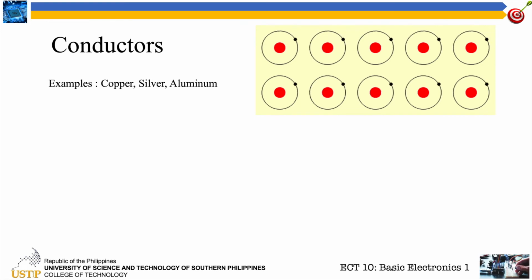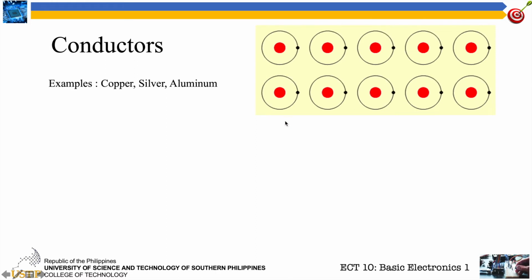Later we're going to see if this one free valence electron will really move from one place to another by applying a potential difference or voltage.